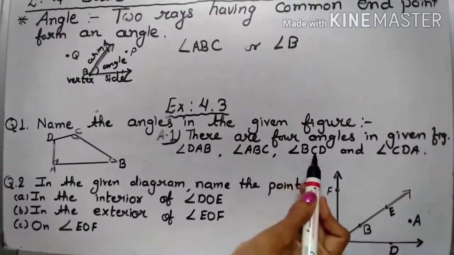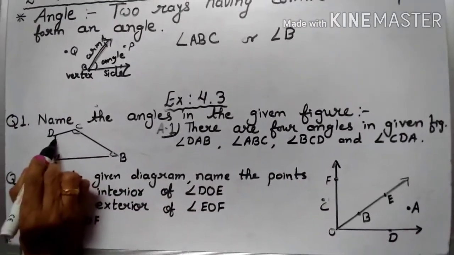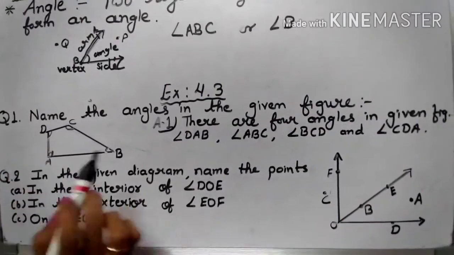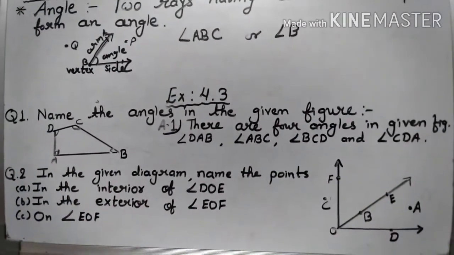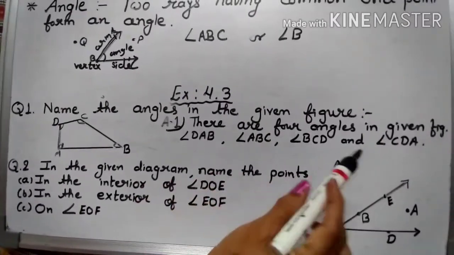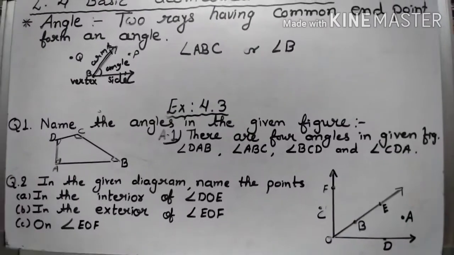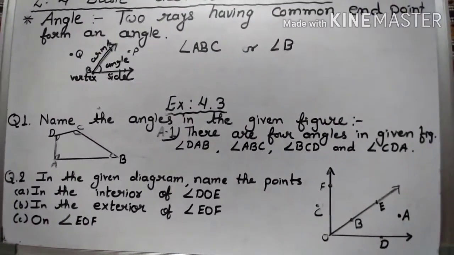Angle BCD. And this is our fourth angle, angle CDA. Angle CDA. So, these are the four names of the angles.